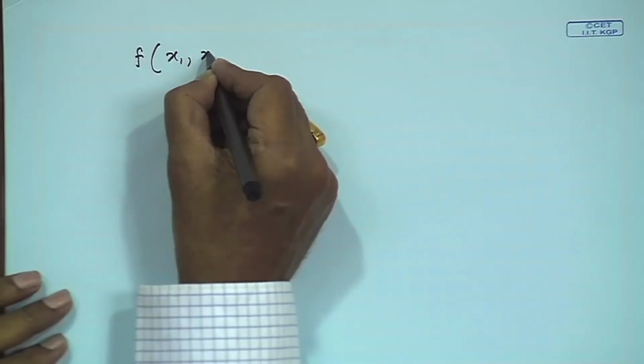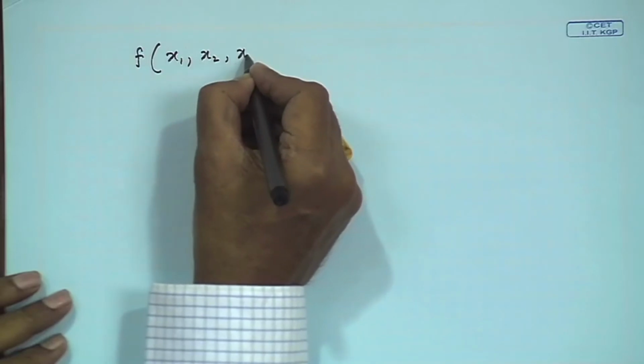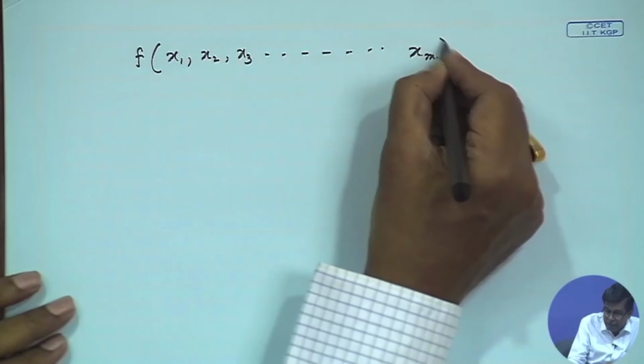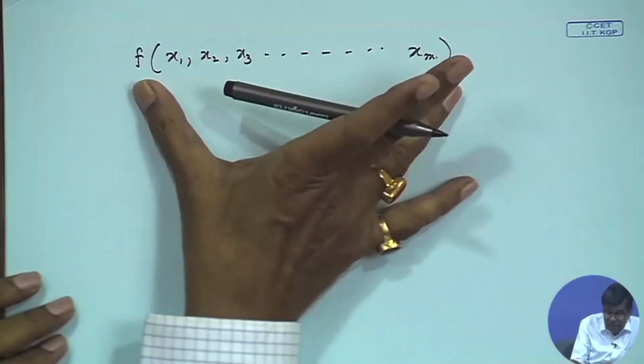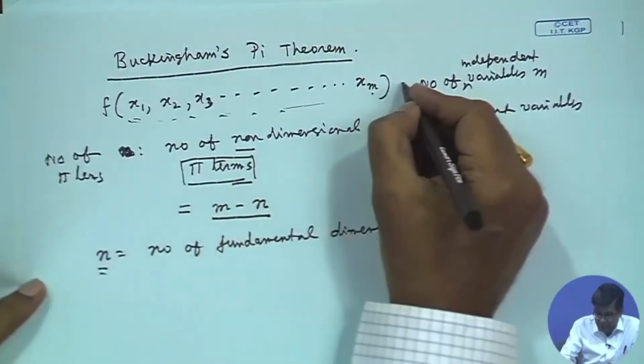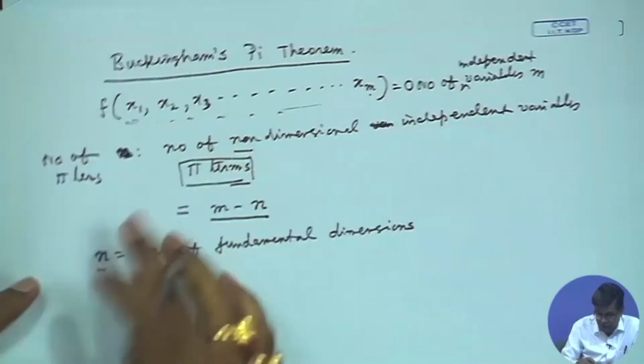Let us consider a problem is first defined by m number of dimensional physical variables. Now, a problem is defined by this, means it has to be made 0, an implicit functional relationship.